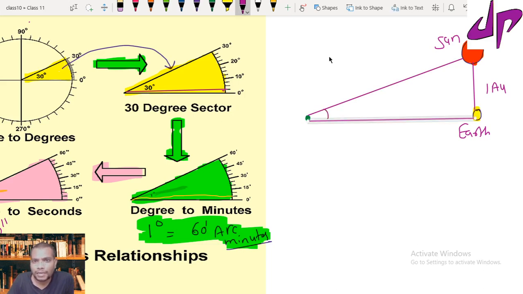This angle is equal to 1 second. You got it? So if the angle subtended by the object at here is equal to 1 second, now we can say the distance from here to the object, we can define that as 1 parsec.